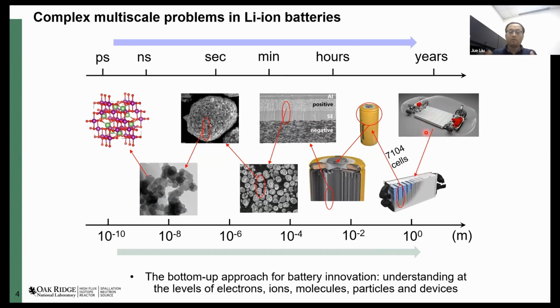For example, device-wise, the battery package in electric vehicles is in the meter scale, and then we can go to a single battery like a cylindrical cell or pouch cell, reaching tens of centimeters, all the way down to the materials that make these batteries, for example the electrode materials, which have secondary or primary particles in the tens of micrometers down to nanometer scales.